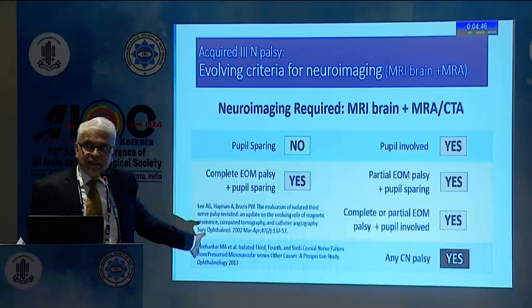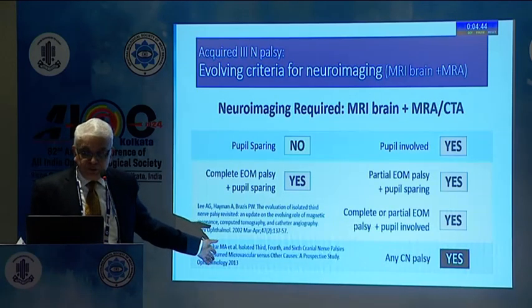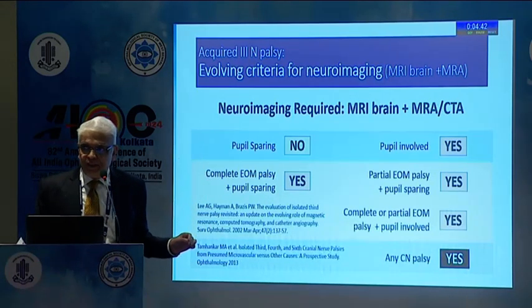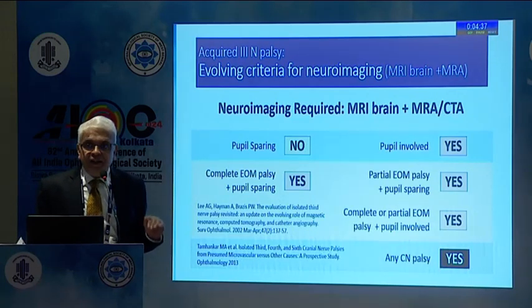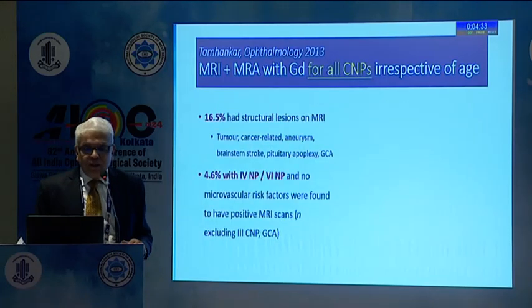But Tamhanker's study, which Rashmin quoted, refers to any cranial nerve palsy and says, yes, you should scan any cranial nerve. Now, therein I have a little disagreement with that kind of suggestion.